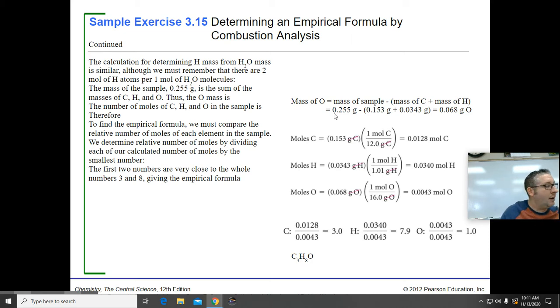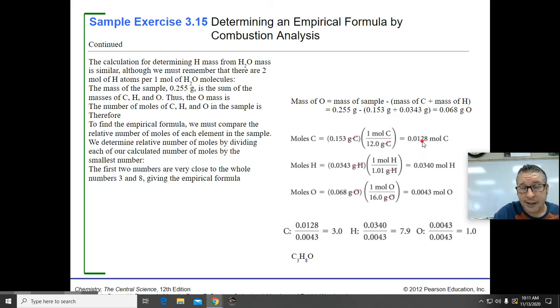So we go to the moles of each element. So we have to use the molar mass. So we take the mass that we determined for each one and multiply it by their molar mass, making sure moles is on top because that's what we're solving for.